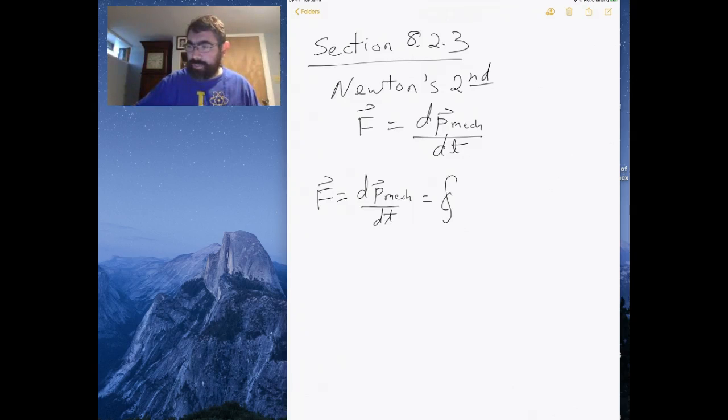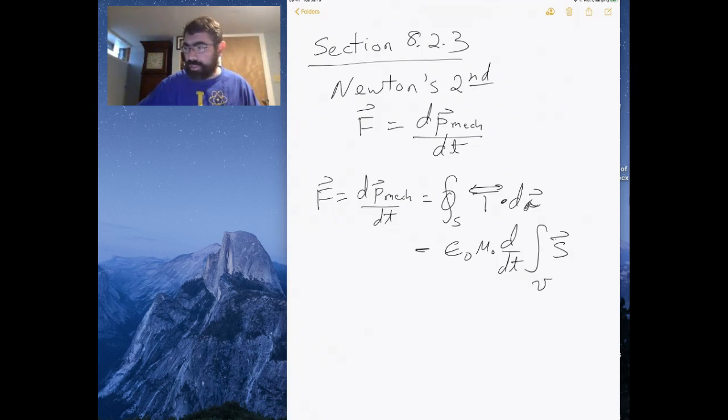and I can write it as the closed surface integral over the Maxwell stress tensor, integrating over the area, minus epsilon naught mu naught, the derivative with respect to time of the Poynting vector integrated over all space, integrated over the volume.